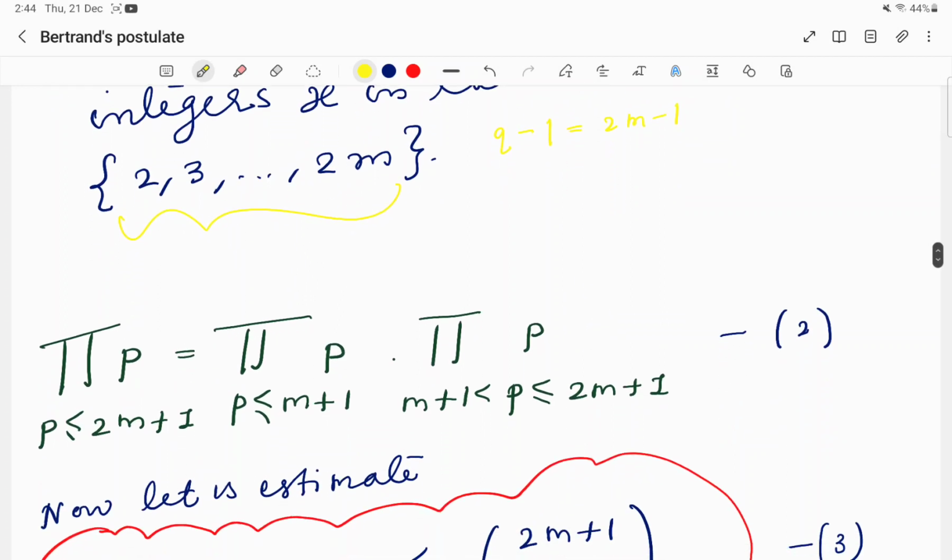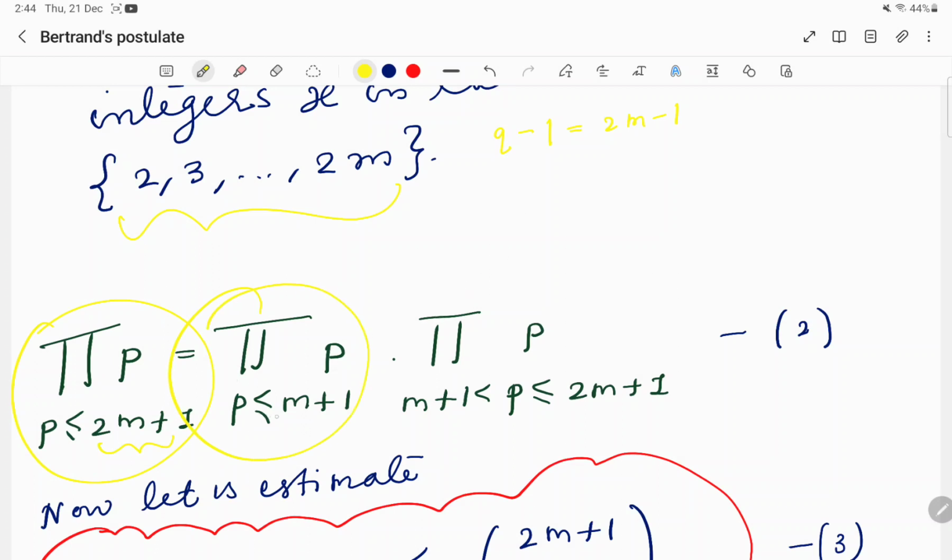So let us write our products. Because the product involves only primes and natural numbers, we avoid the strict real numbers less than q. Okay, so we can write this product of primes p less than or equal to 2m plus 1, which can be factored into two products.